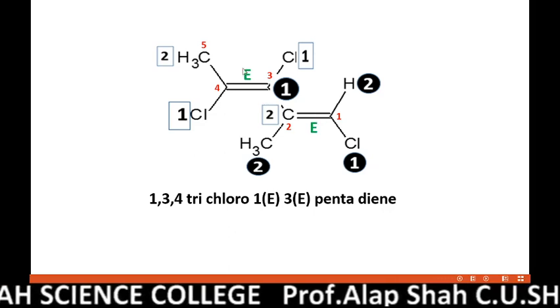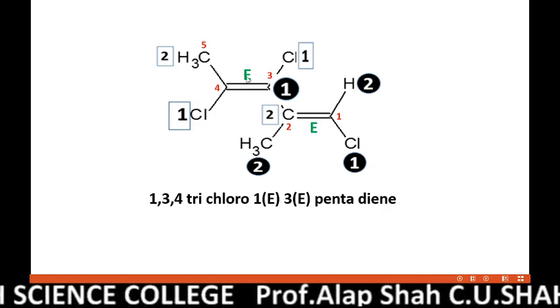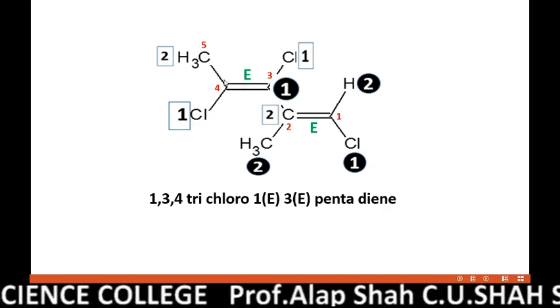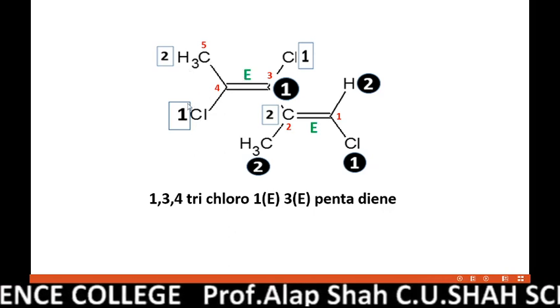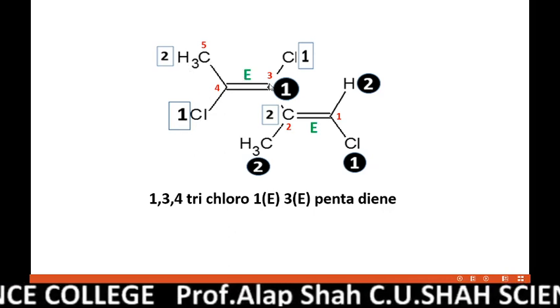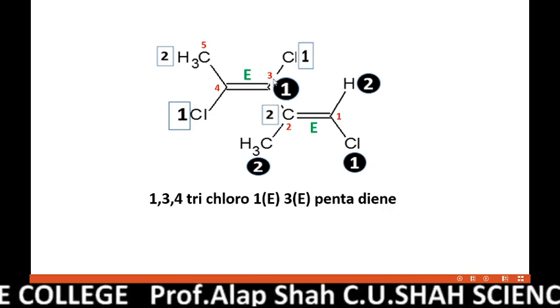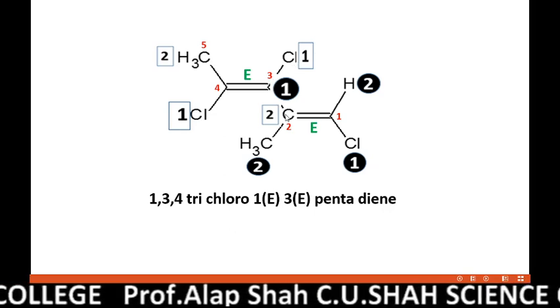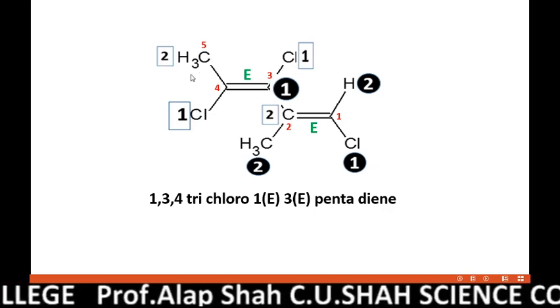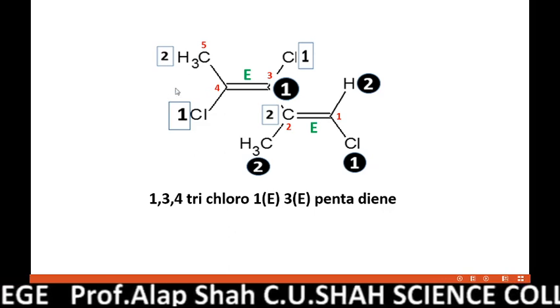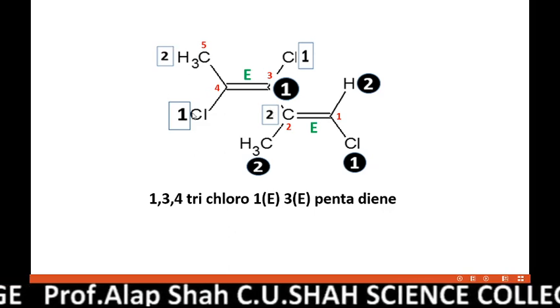Same exercise we will repeat for this one, but now we will use the rectangles. First chloro and carbon, so 1 and 2. Similarly here it is very easy, chloro and carbon, so 1 and 2. Now you can see the rectangles only, forget the structure: 2 1 and 2 1.